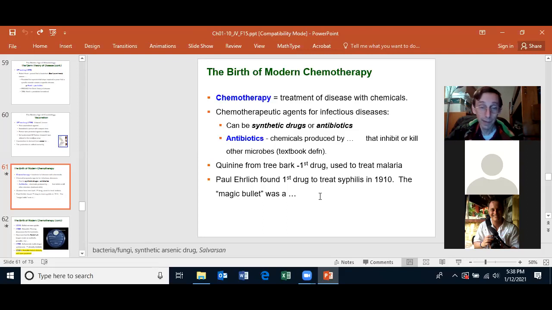Obviously, if you use too much of the arsenic drug, it will kill the patient. Any question about that? So Paul Ehrlich found the first drug to treat a disease in 1910.